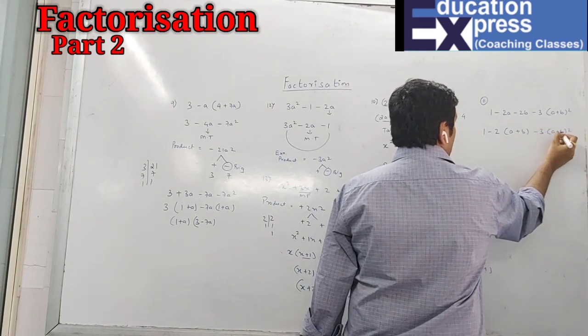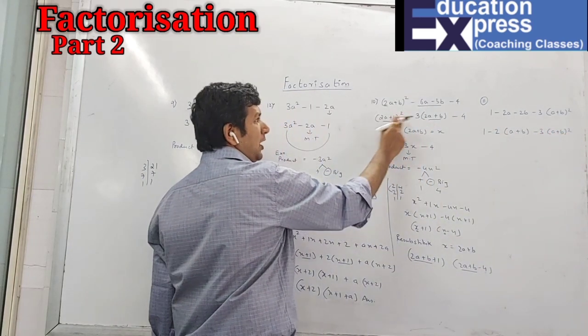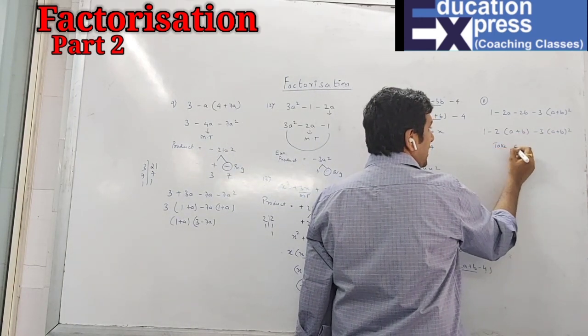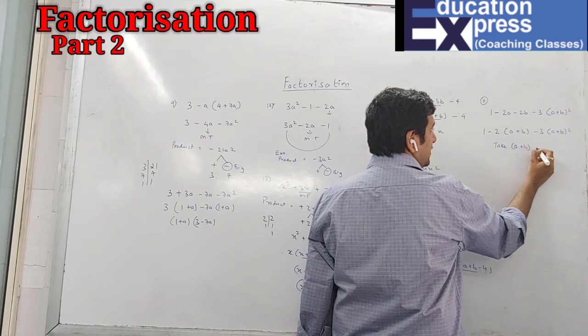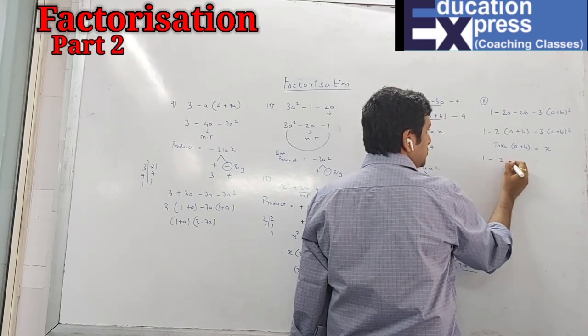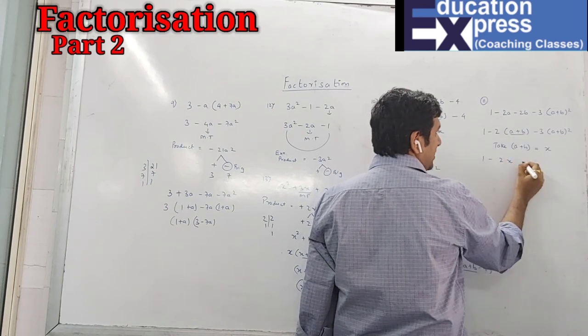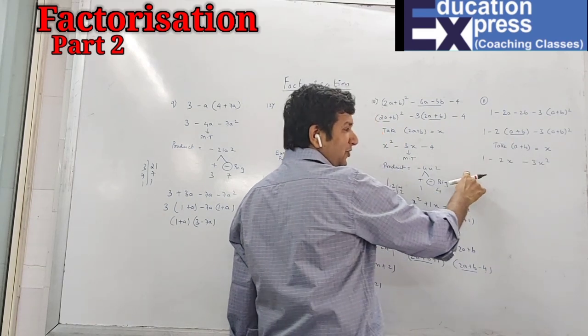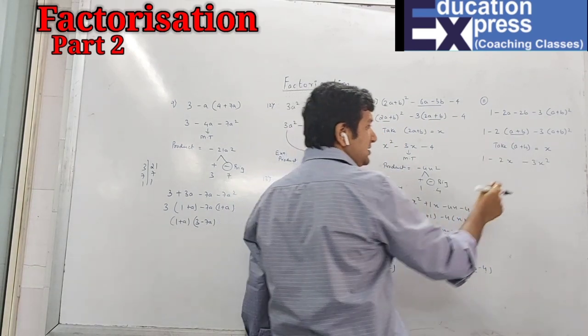So here, as we have seen, 2a plus b was the same. Here a plus b is the same. So take a plus b equals x. So 1 minus 2x, wherever a plus b is there, x will come, minus 3x squared. Can I write 3x squared in the front part? No, because it is negative.